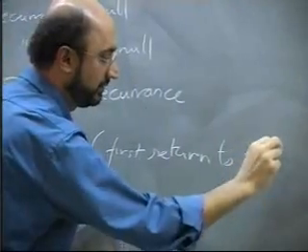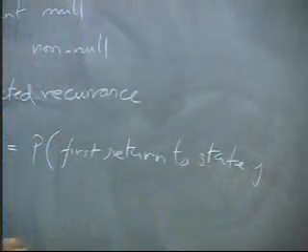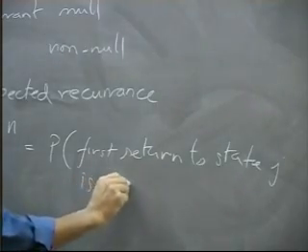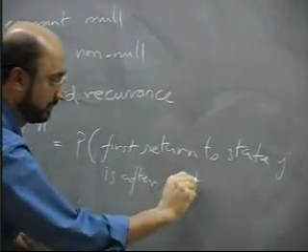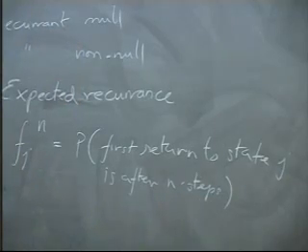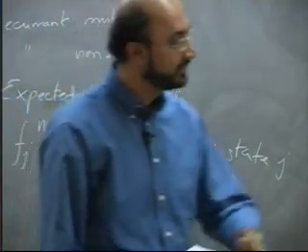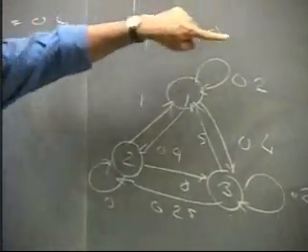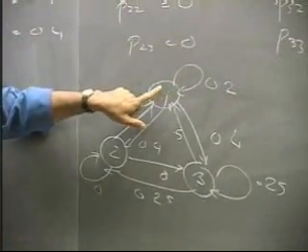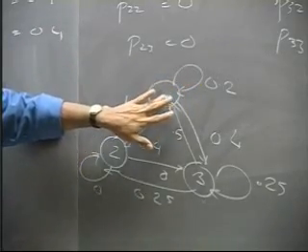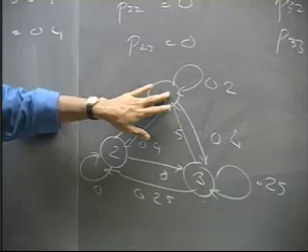How do we compute f_j^n? Well, we can think about it like this. Let's look at the state over here. If I leave state 1, I'm going to come back to state 1 with probability 0.2, and f_1^1 is just 0.2. How about 2 steps?